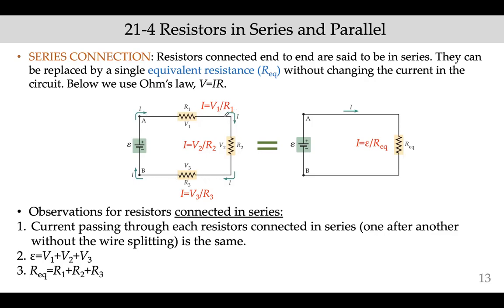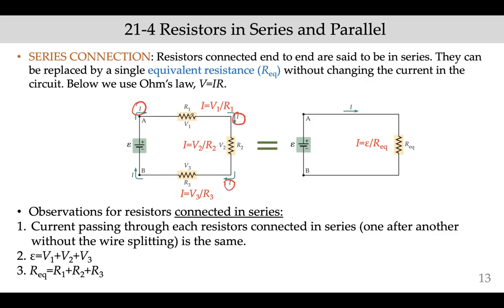So the current that passes through all circuit elements will be the same because there's no splitting. There's no other wire connected here, so no current goes out of this wire. We have the same current passing through, and we use the same variable I.